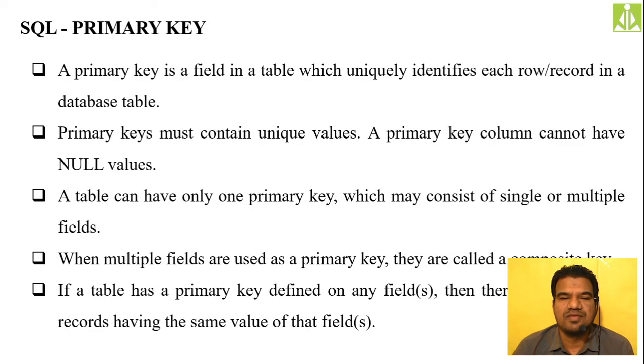In today's session we will be discussing the primary key constraint. It is one of the important types of constraint in SQL. You need to have clarity and an idea of using this constraint in SQL, structured query language.